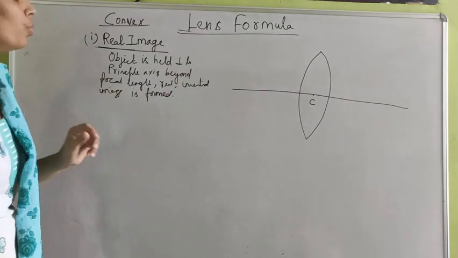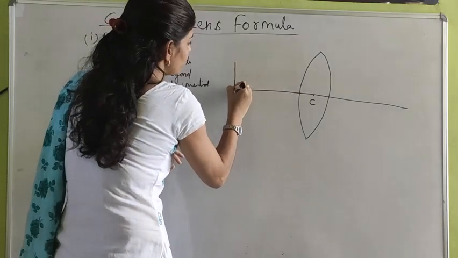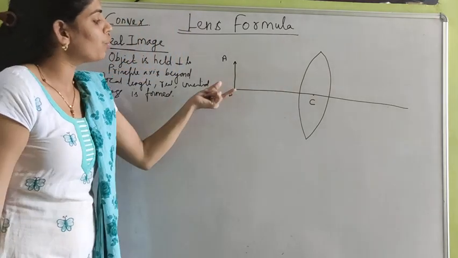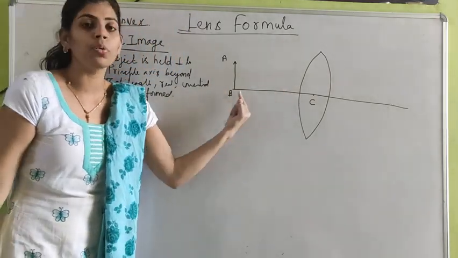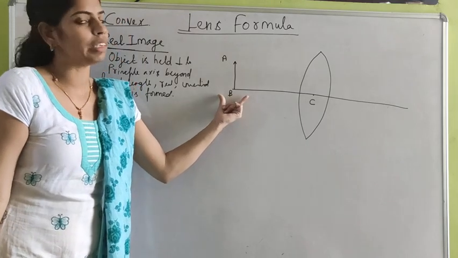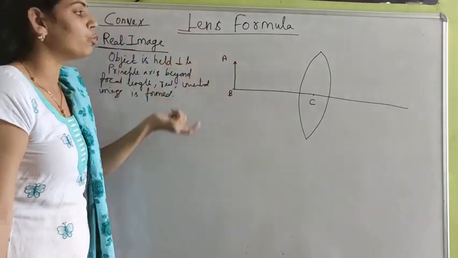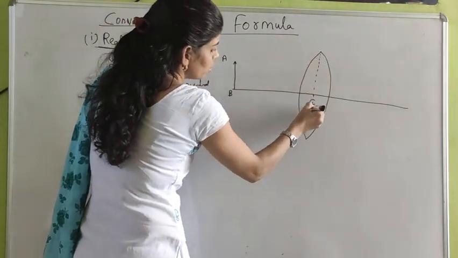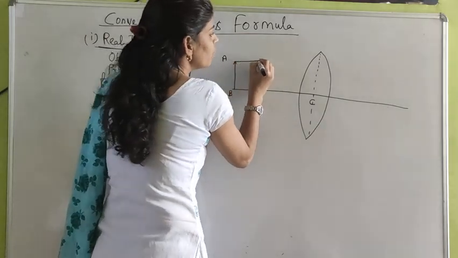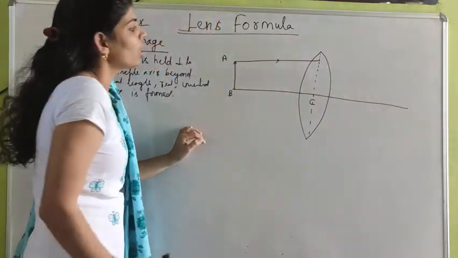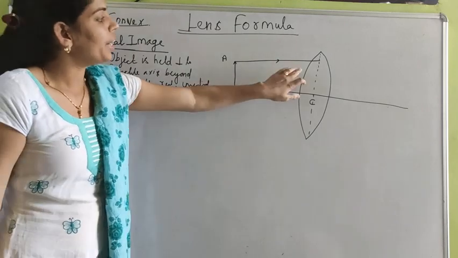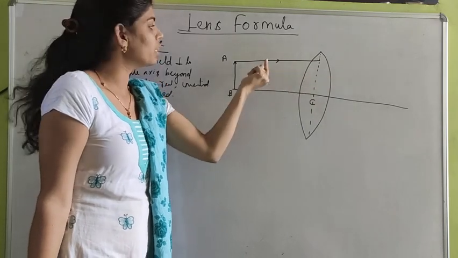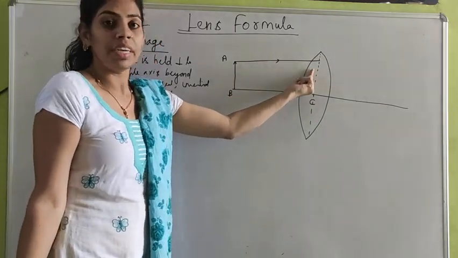So let us see how. Suppose this is the object AB, which is placed perpendicular to this principal axis and beyond the focal length. In this case, real image will be formed. From this object, one ray will go parallel to the principal axis, and after entering into the lens, it will change its path because the ray is traveling from rarer medium to the denser medium.